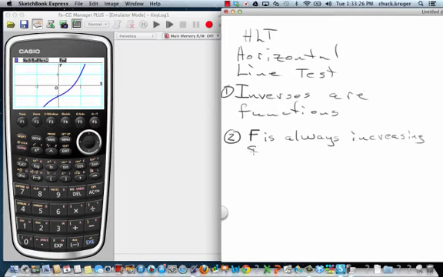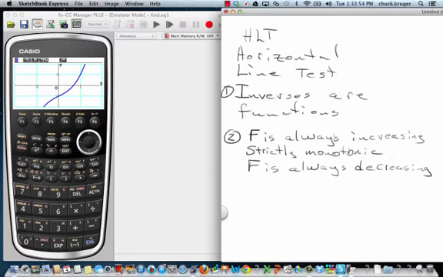We call that strictly monotonic. Or f is always decreasing. Either one of the two. Either it's always dropping or it's always going up.